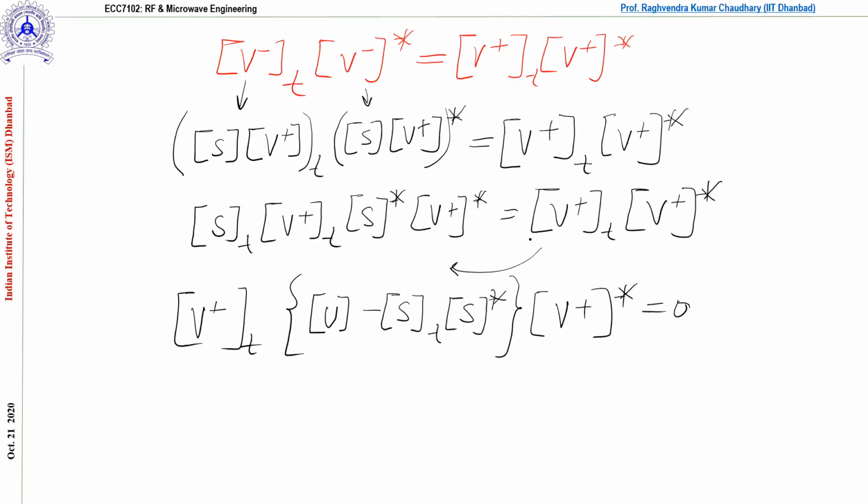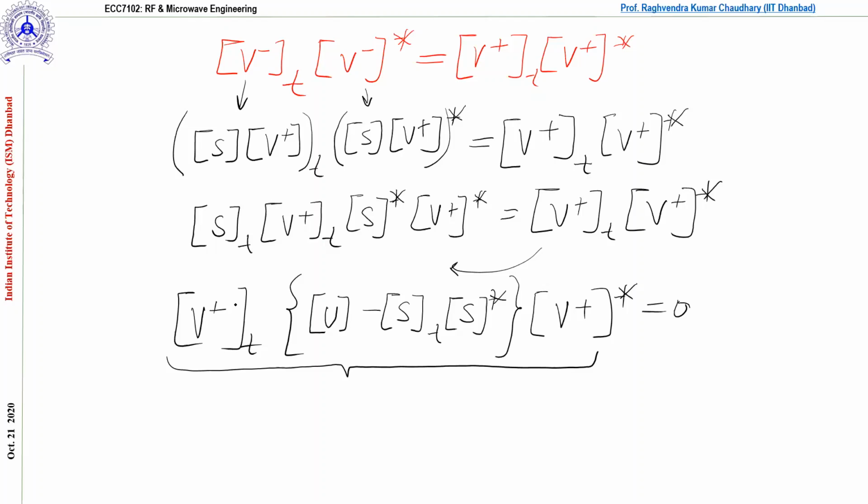Now if you see this equation, this may hold valid actually if the thing within the bracket is 0, or V plus or V plus star is 0, then only the right hand side will be 0. So one fact is clear here, that V plus can't be 0 because this is excitation.